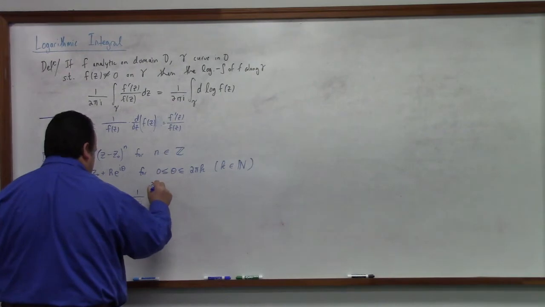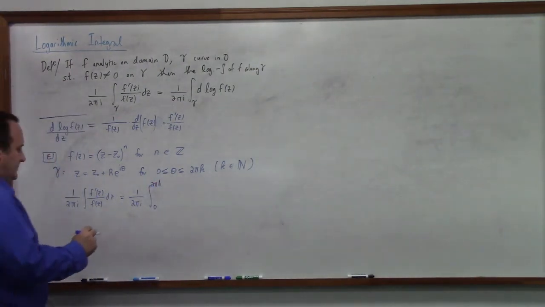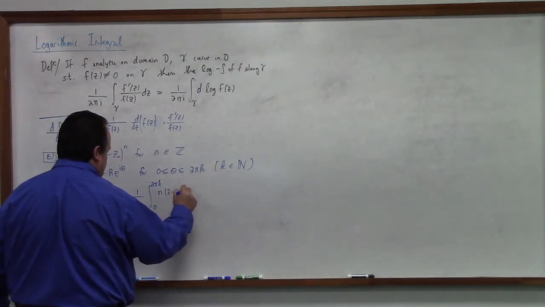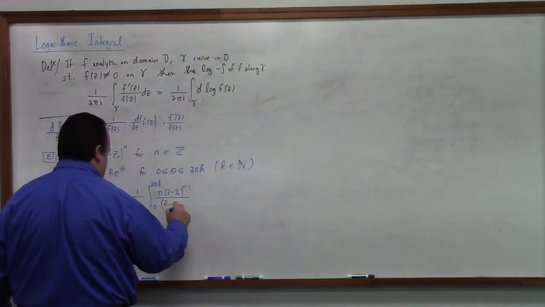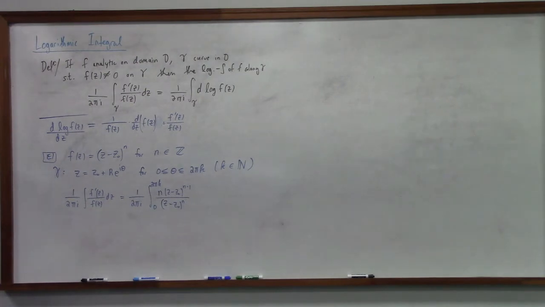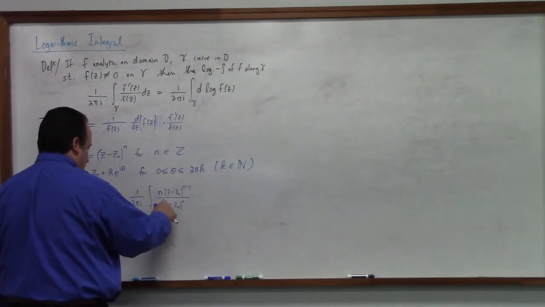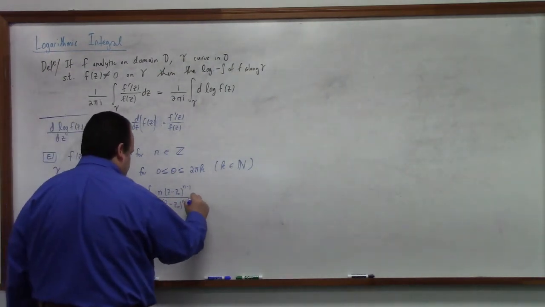Here f prime is what? n times (z minus z naught) to the n minus 1, divided by (z minus z naught) to the n, right? I guess let me drop the 2 pi k here. I'm actually just doing the complex integral here at the moment, right? So what do we got?